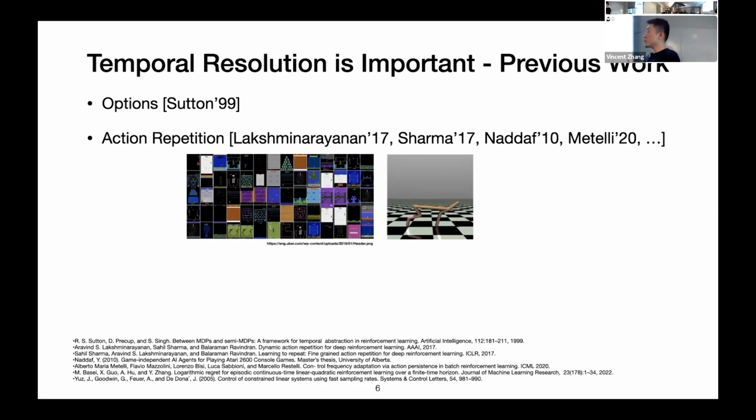It's quite flexible, and there are simple versions. One of them is called action repetition, where you simply carry out the same action over some time sequence. That's applied in both Atari and simulated control of robots.